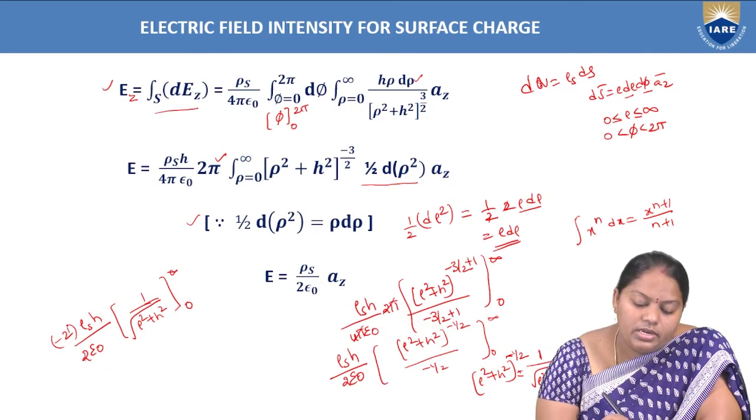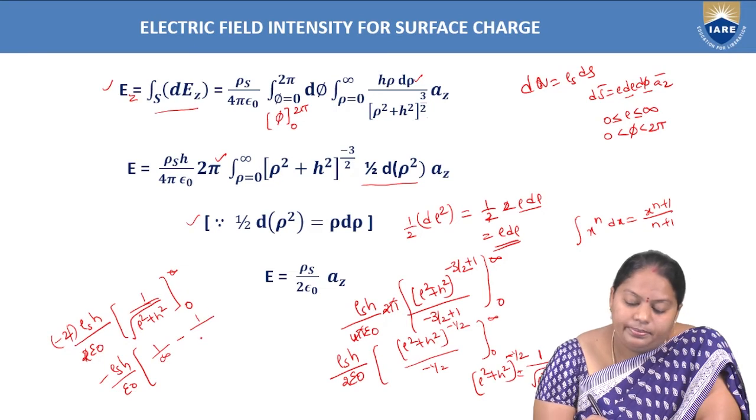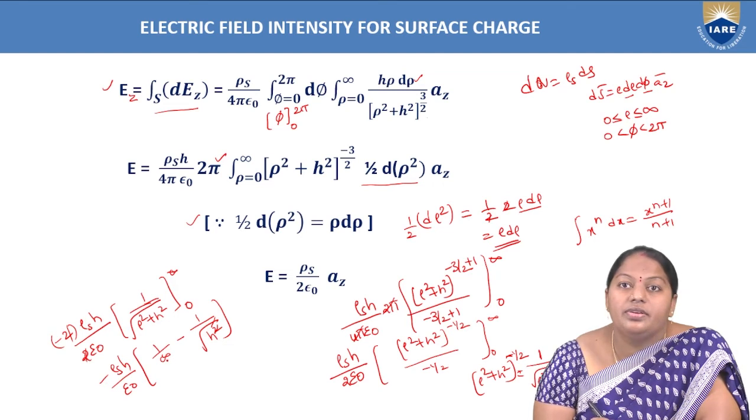So 2 gets cancelled, minus rho_s h by epsilon naught into. If you substitute rho square as infinity the first time, it is something by infinity, minus 1 by square root of h square when rho square is 0. So the square root gets cancelled, and something by infinity has value 0.